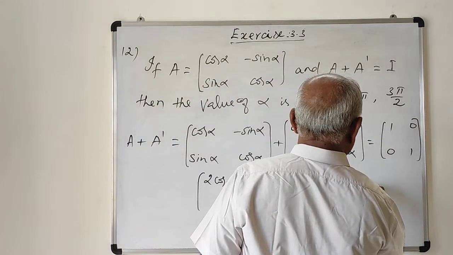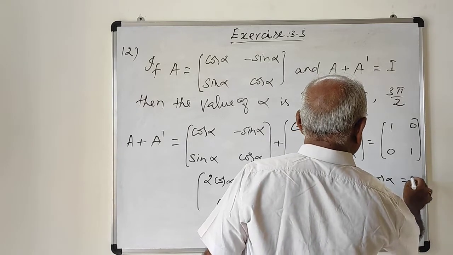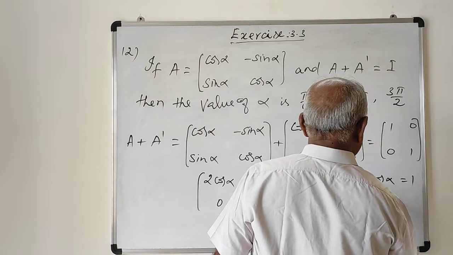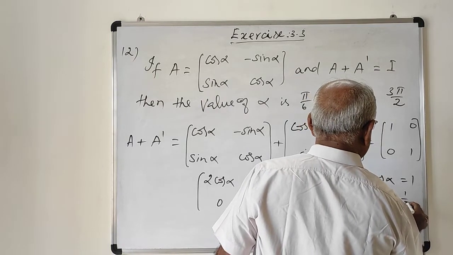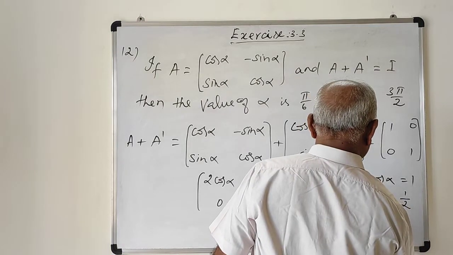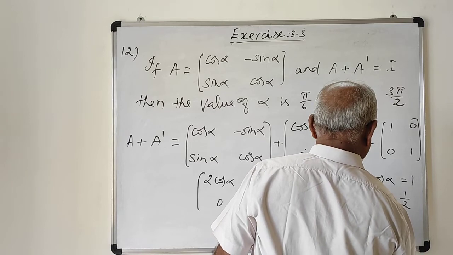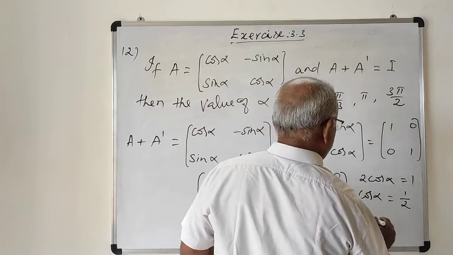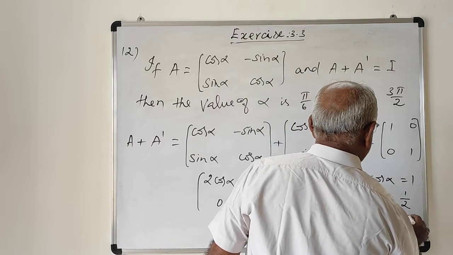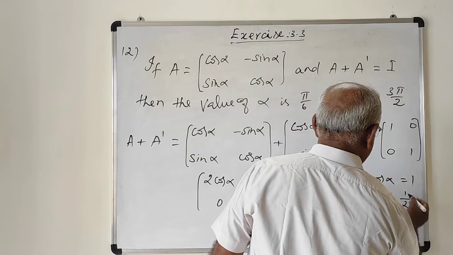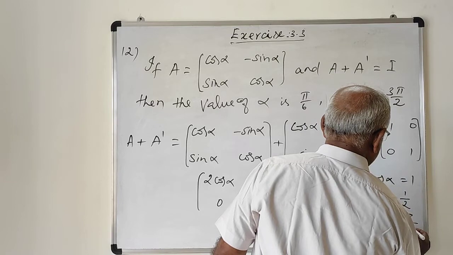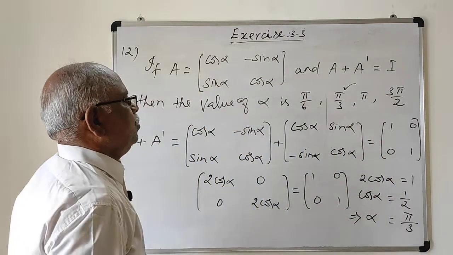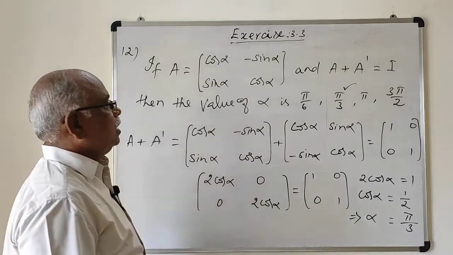Therefore, cos alpha equal to 1 by 2. This implies alpha equal to 60 degrees, since cos 60 is 1 by 2. Therefore, 60 degrees is nothing but pi by 3, which is the second option B. So, alpha is pi by 3. That's all about the problem.